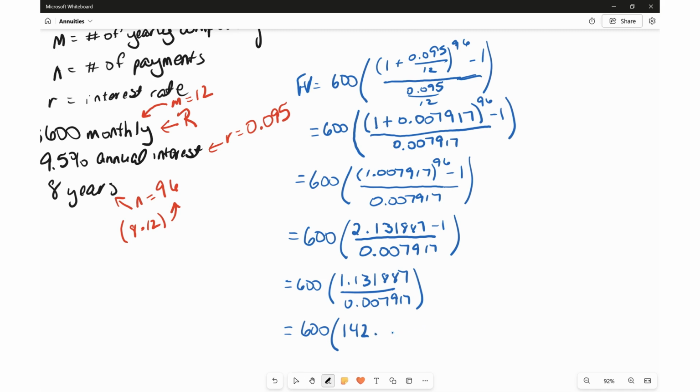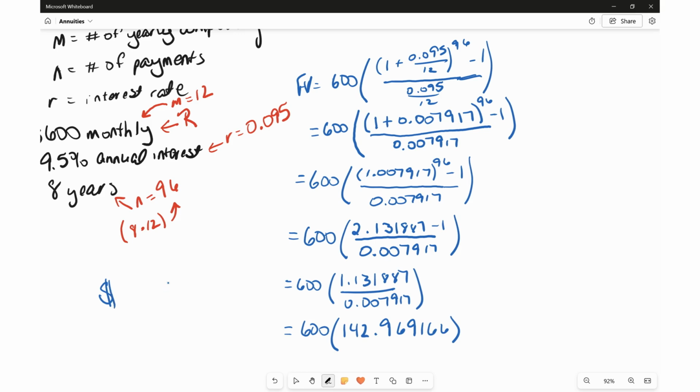And again, I would recommend keeping it out to 6 decimal places. And now finally, multiply that by 600.